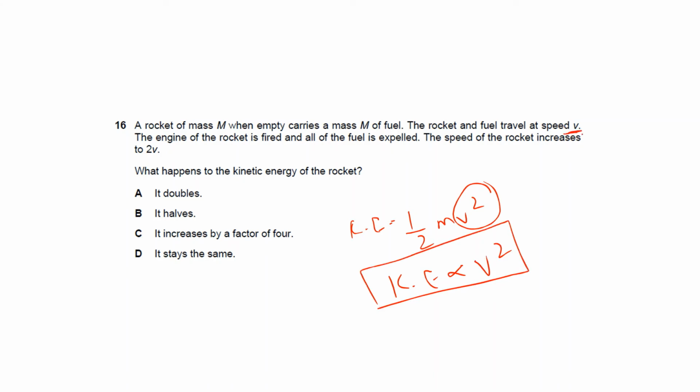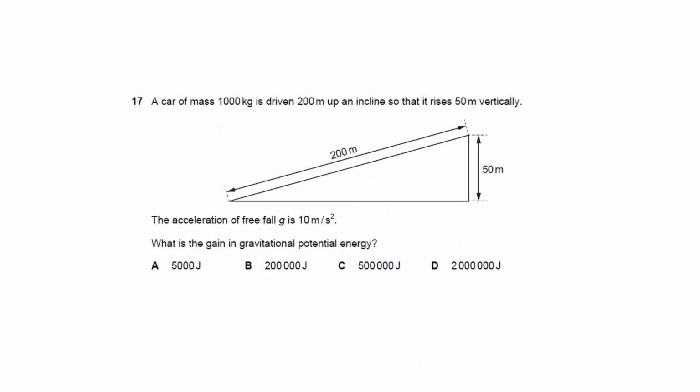Initially the speed was v, now the speed is 2v, so the speed has become twice its initial value. Kinetic energy is directly proportional to v squared. So when velocity increases 2 times, what happens to kinetic energy? It increases by 4 times, so it increases by a factor of 4.